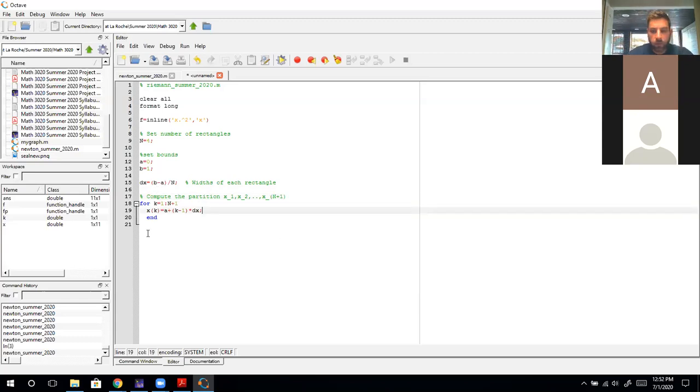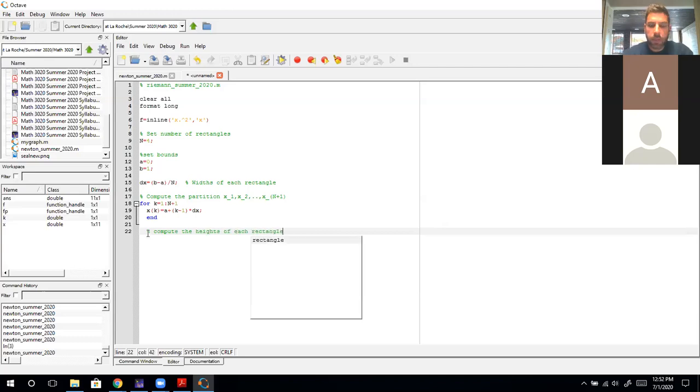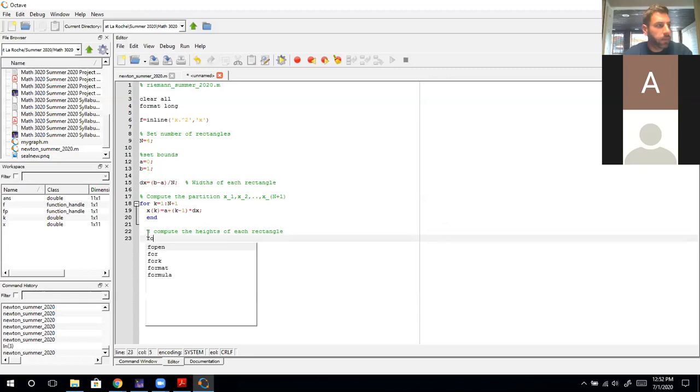And then we need to calculate the heights. How do we compute the heights of each rectangle? We don't want to do them all by hand, so we do the same thing. We say for, pick a letter. We used k, so let's use a different letter. How about j? So for j equals 1 to n plus 1.